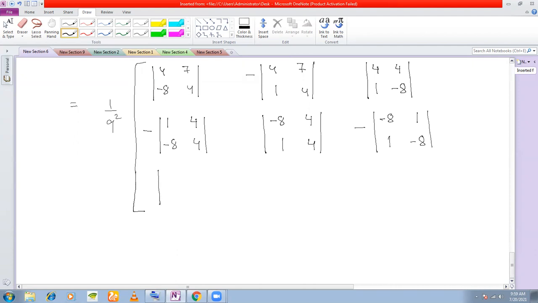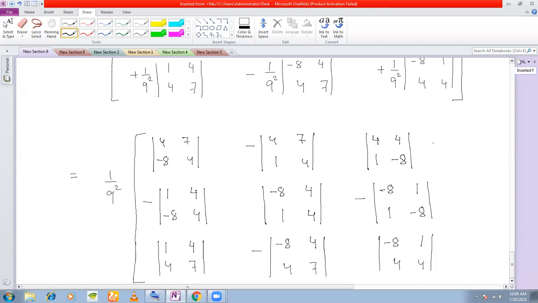Again with a plus sign, 1, 4, 4, 7. With a minus sign, minus 8, 4, 4, 7. Again with a plus sign, minus 8, 1, 4, 4. And this matrix taken with a transpose.